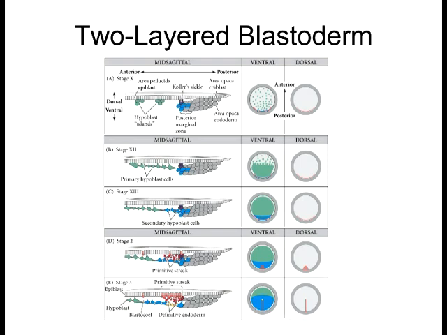So these cells will undergo an epithelial to mesenchyme transition. They'll break free from the epiblast, they'll migrate downwards, and they'll form a new layer. So we call it delamination because it forms a new layer or sheet of cells just beneath the other cells. Now, the space in between the epiblast and the hypoblast, that is the blastocele, and that is necessary for the gastrulation movements that are going to occur here in just a little bit.